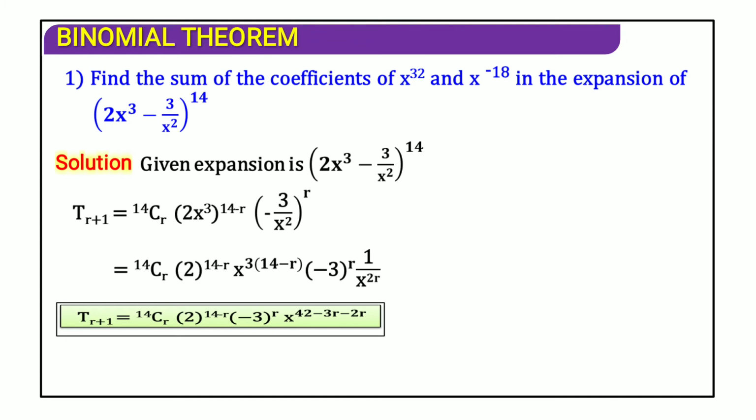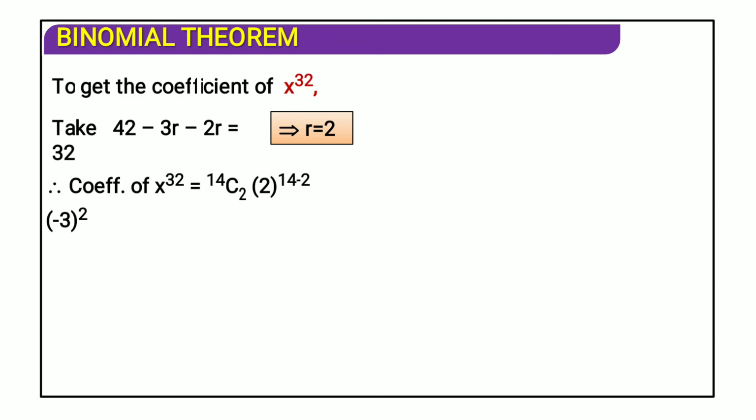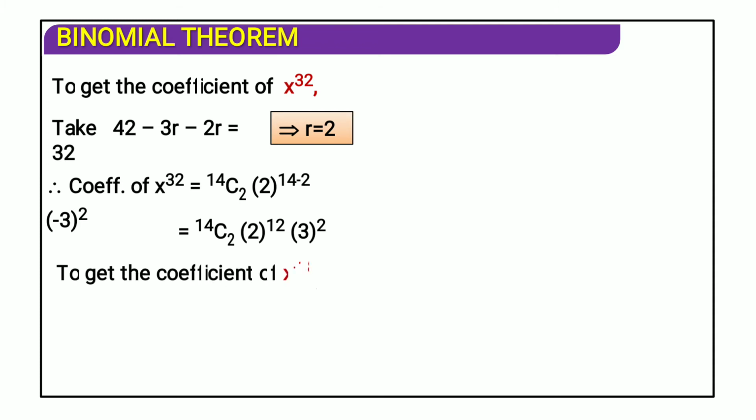We'll get the coefficient. Now we need to find the coefficient of x to the power minus 18 also. You can easily solve this by using the binomial expansion, but we need not expand it, because it is quite difficult to calculate the value of 2 to the power 12 and 3 square. So I am leaving it here only.